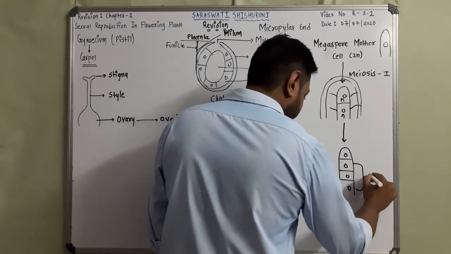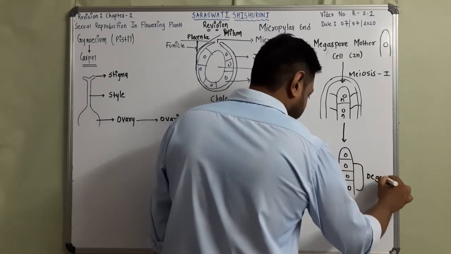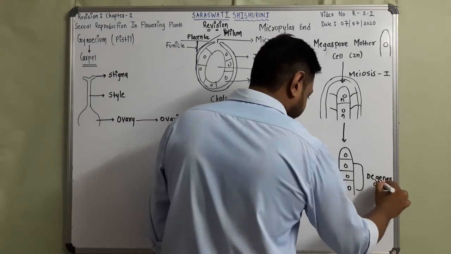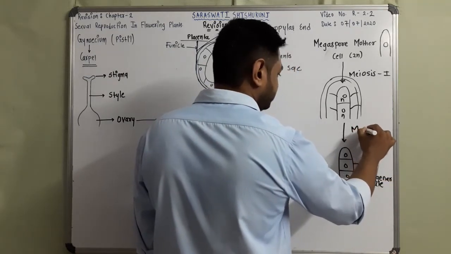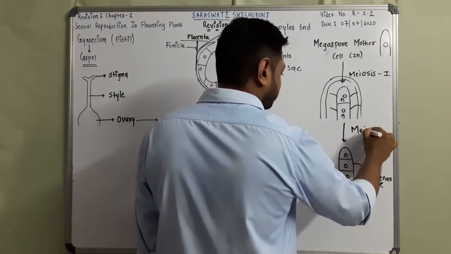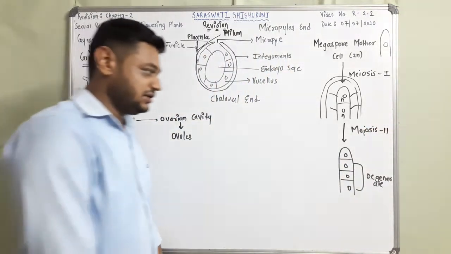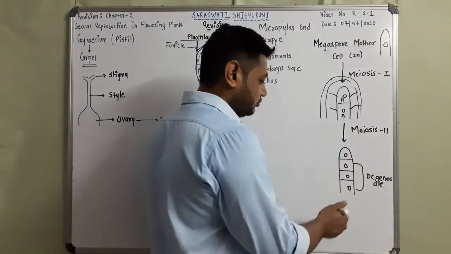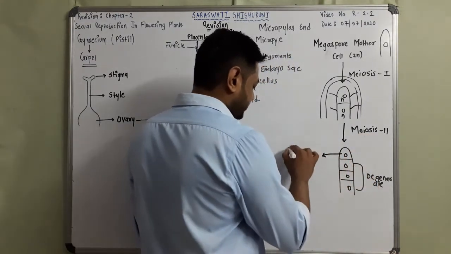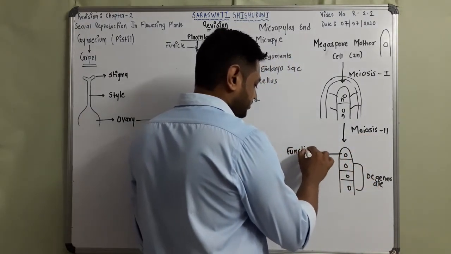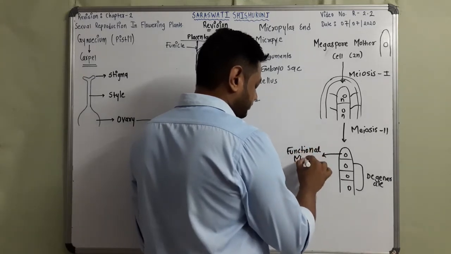Out of these, 3 degenerate. This is meiosis 2, where the chromosome number remains the same. It is a type of equational division. So this is meiosis 2. 3 degenerate, 1 is left, which is referred to as the functional megaspore.